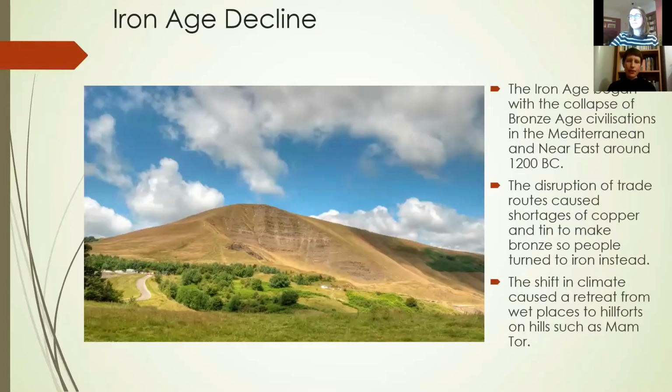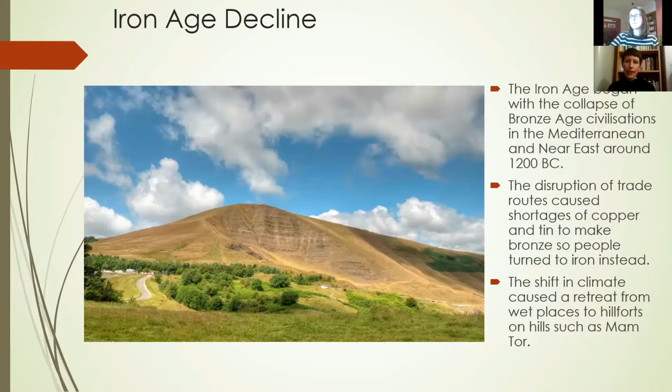So we're going to move on now to talk a little bit about the Iron Age. With the weather growing colder and wetter, with this deterioration of the climate, we also had a decline in culture as well. The Iron Age took place between 800 BC and 43 AD.